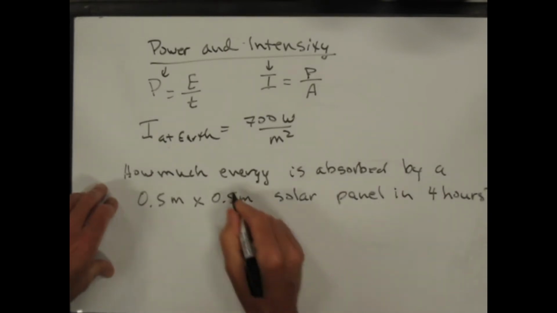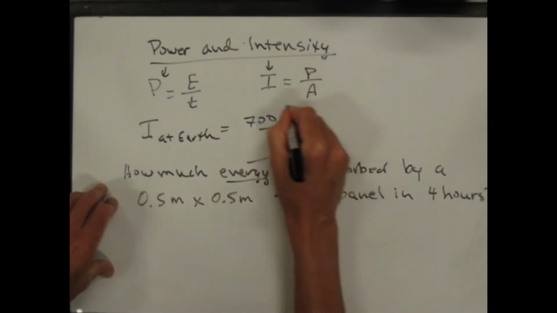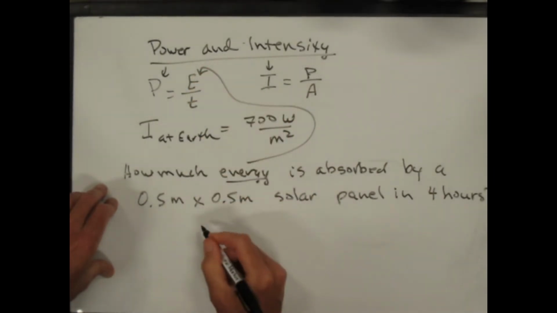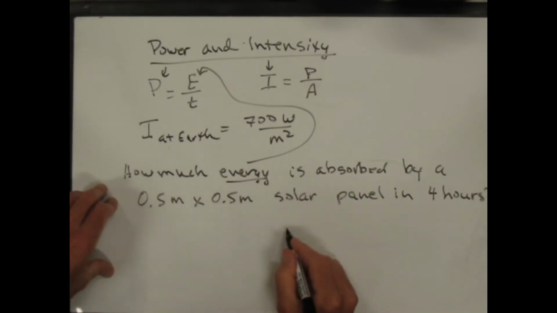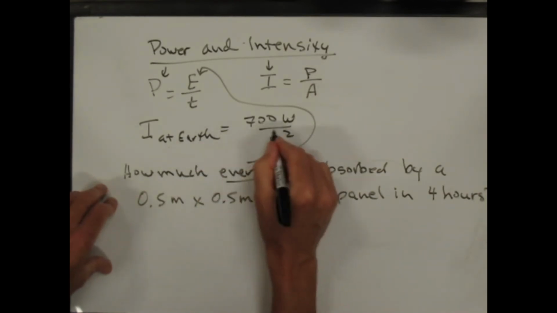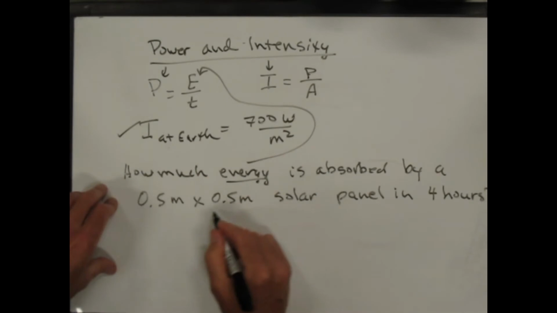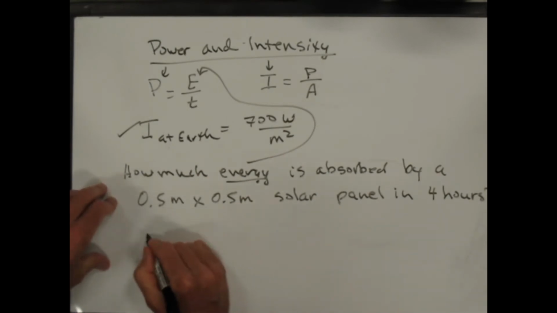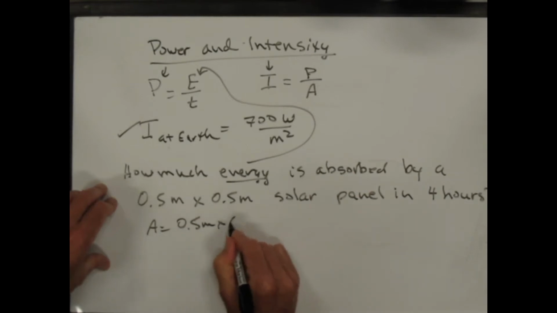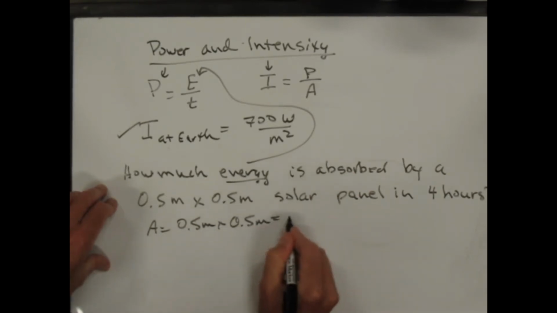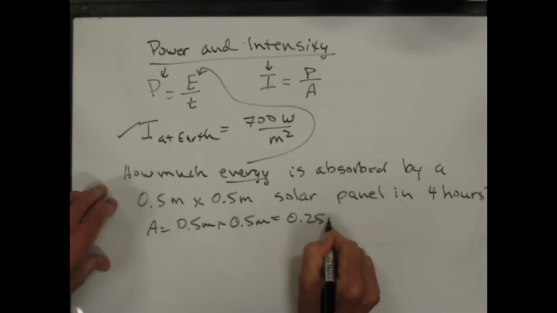Right? So what they're asking here is energy, so they're asking us for this thing, right? But they're giving us the intensity, which is this, right? That's our intensity, and our area is this, right? The area is 0.5 meters by 0.5 meters, which is 0.25 meters squared.